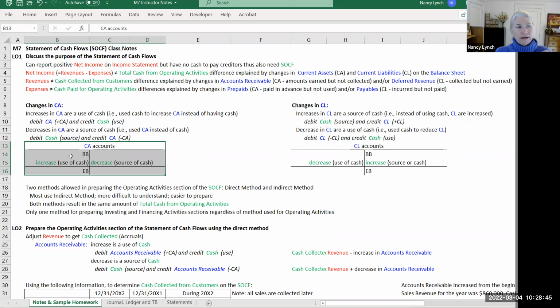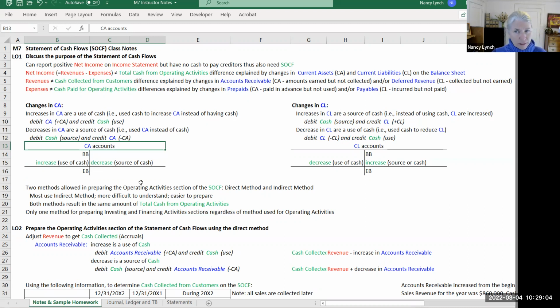So let's look at, in general, the way you can understand whether you need to increase your income statement amount or decrease it by looking at your change in a current asset or current liability account.